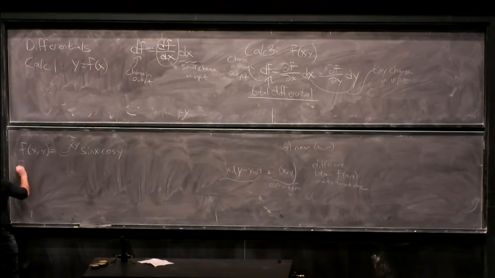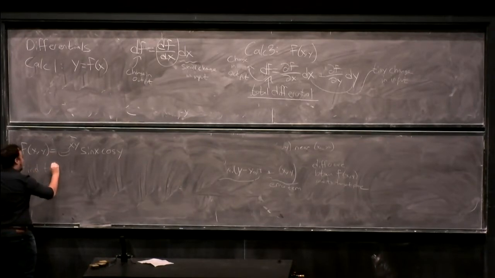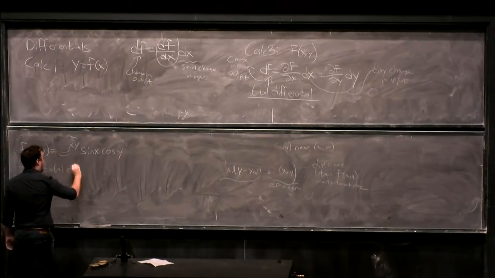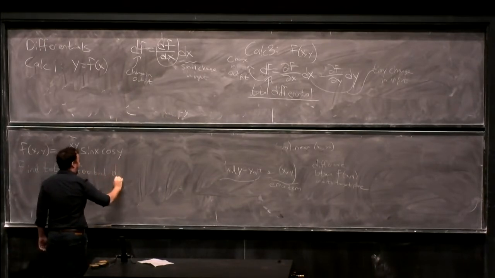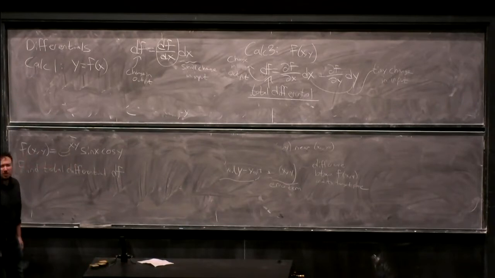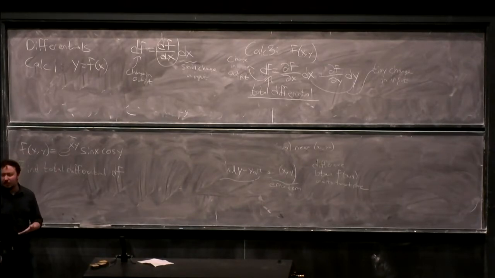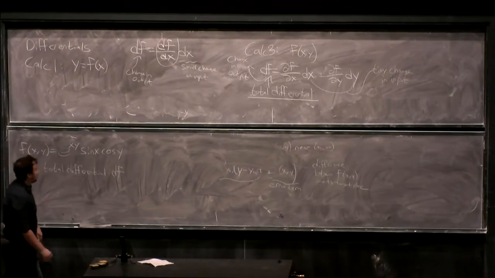And I want to find the total differential df. And it's called the total differential because it takes into account all of the input variables. It's not looking at just x or y, it's looking at the change in both x and y.